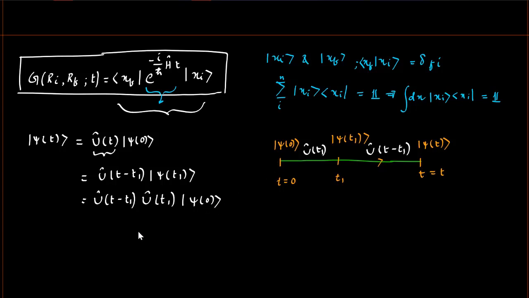Okay, now by comparing this equation and this equation, I can split this original evolution operator into two parts, that is U of t minus t1 and U of t1 minus 0, that is t1.